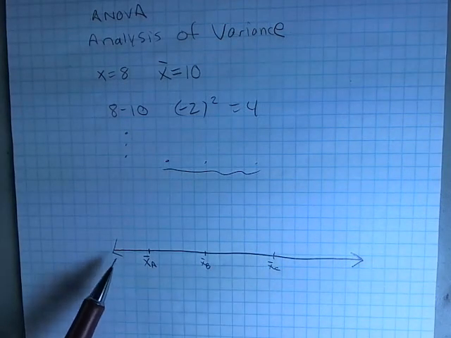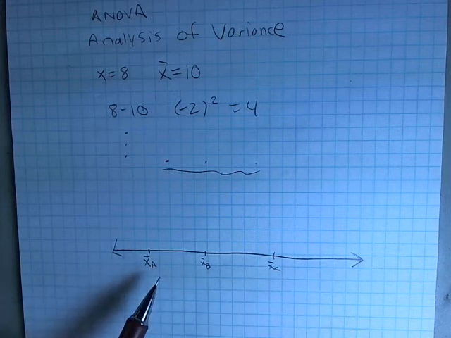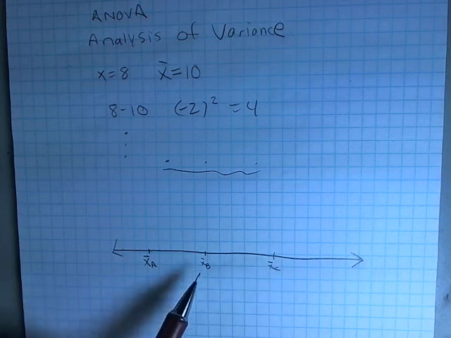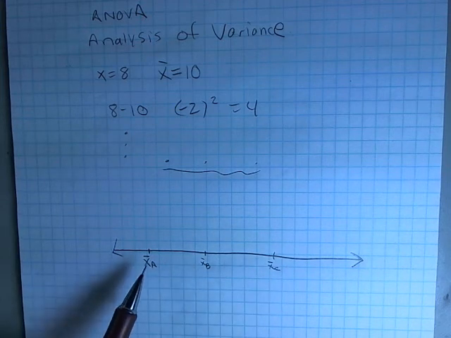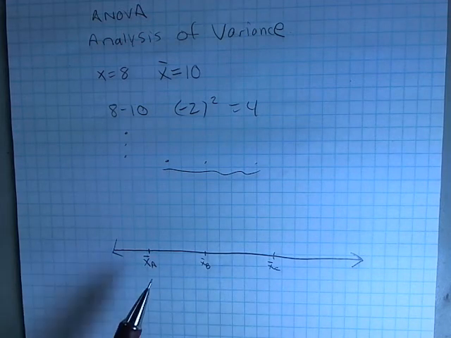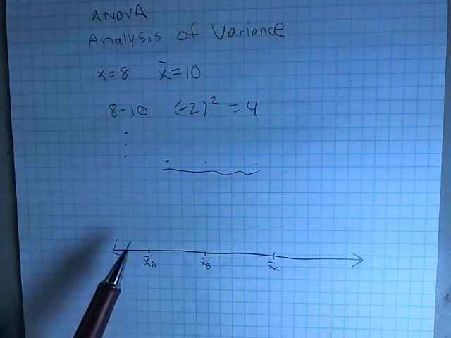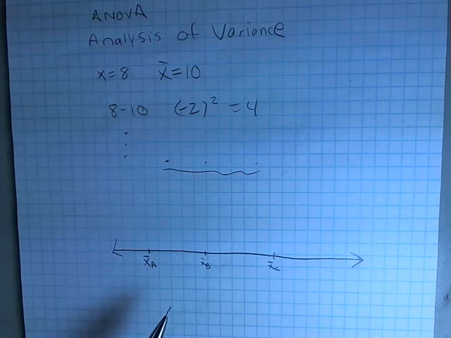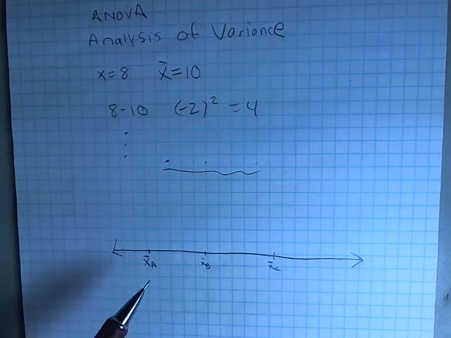Regardless of what the specific numbers are, sample mean B is numerically greater than sample mean A, and sample mean C is likewise. So at this point we have our first variance that we're going to consider, and that is called the between variance. If we computed a variance for this set of three sample means, that would give us our between variance.